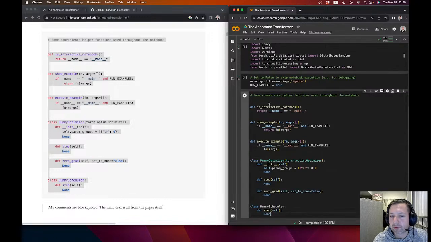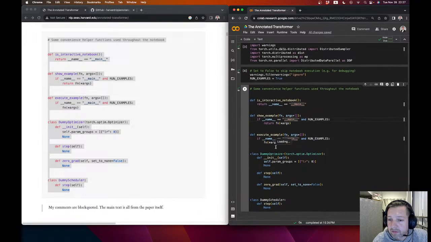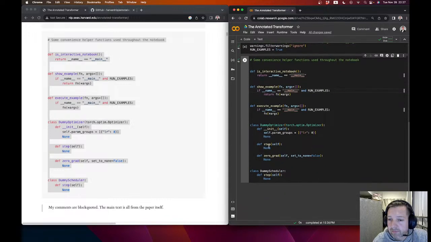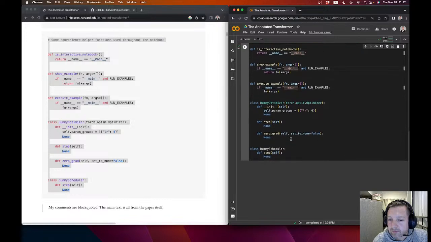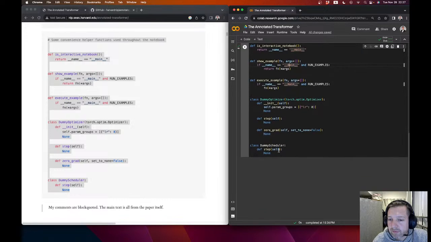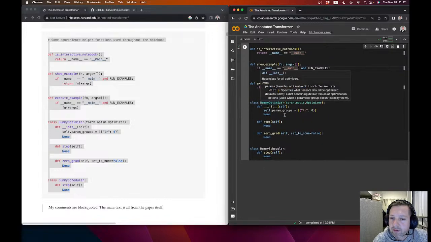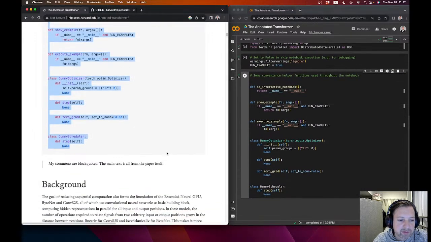Let's see what this does. Okay, these are just, I guess, empty useless classes and some helper methods.